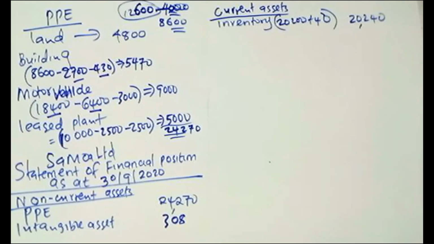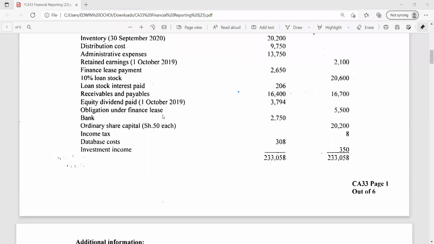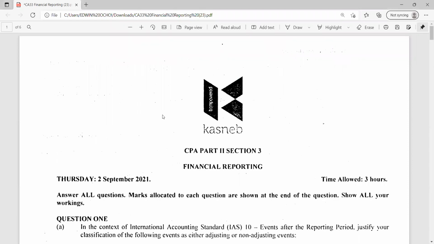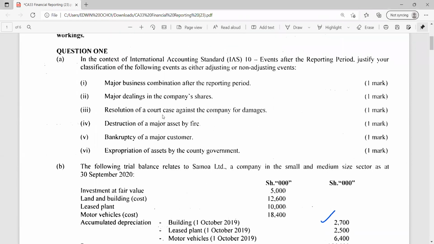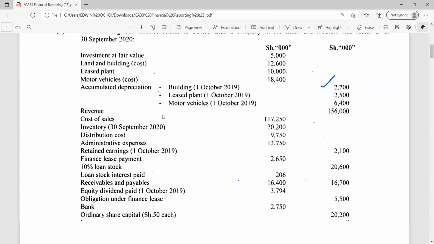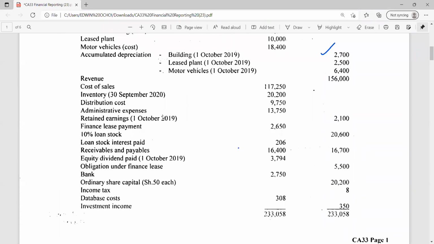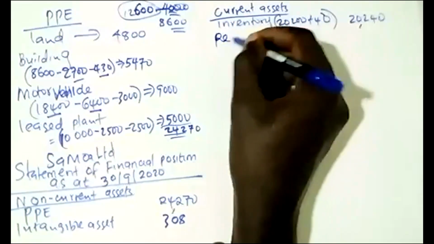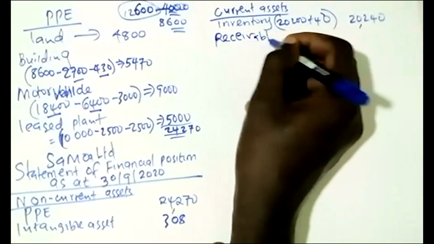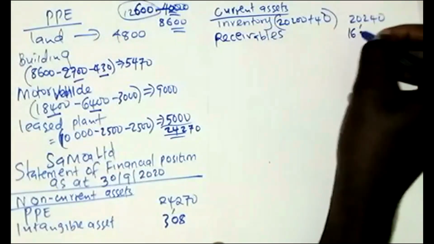Debtors or receivables. So never worry, we are almost done. Today we'll finish. So the receivables is 16,400, this one.